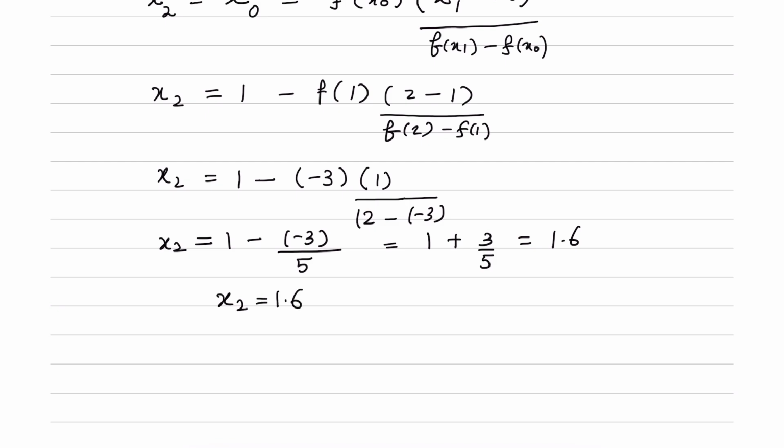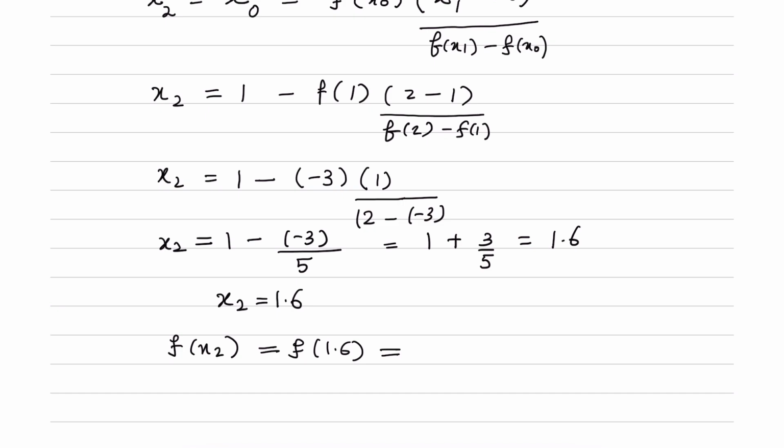Every time you find a new x, you have to plug it in the function. Let's say that by plugging in x2, which is 1.6, suppose you have this situation, 0 point and 3 zeros on the decimal, then this is where we will stop because we got the root, and we will say 1.6 is the root. But let's plug 1.6 in the function.